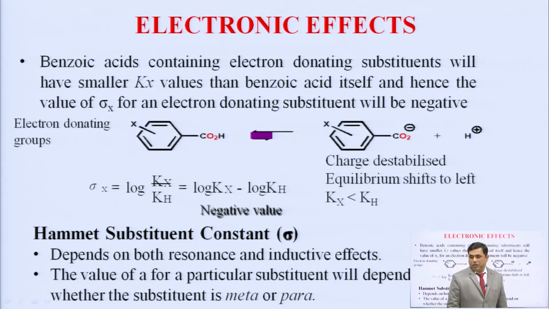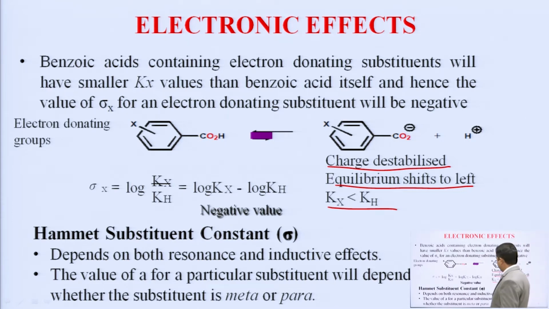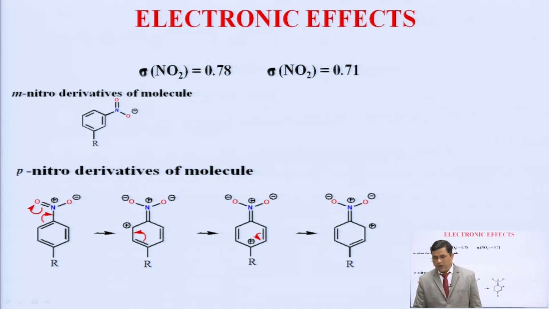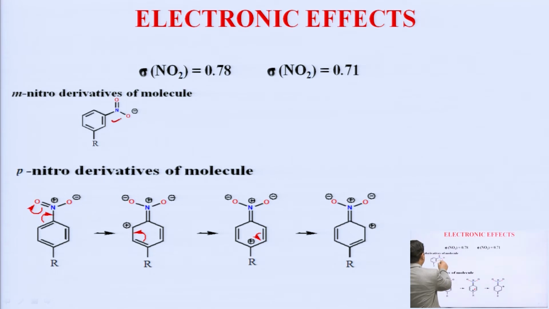Here in this case the charge is destabilized and the equilibrium will shift to the left, that is Kx is less than Kh. Now, here is one very interesting example of a substituted benzoic acid substituted with the nitro group, with two substitutions, meta substitution and para substitution.